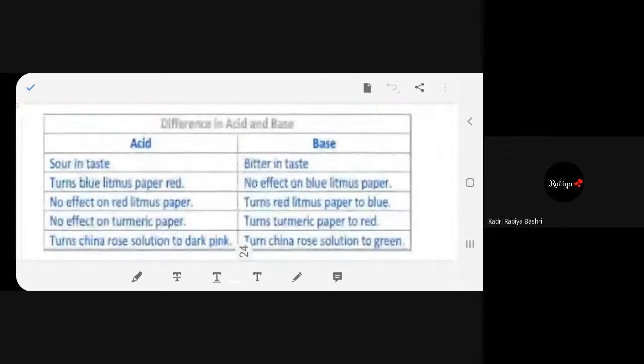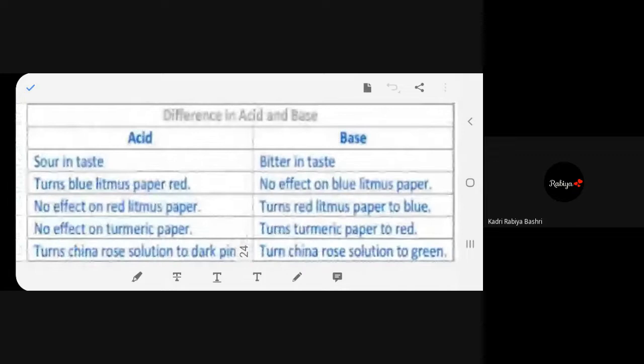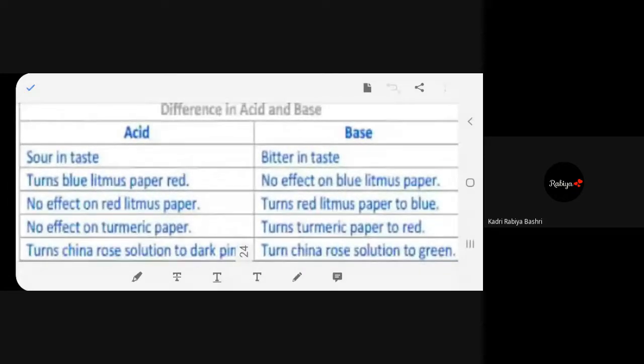What are the difference in acid and base? Please read. Difference in acid and base. Acid, sour in taste, base, bitter in taste. Turns blue litmus paper red, no effect on blue litmus paper.